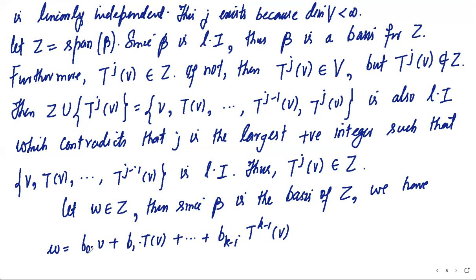So we can find scalars B0, B1, up to B(k-1) such that W is equal to B0 V plus B1 T of V, and so on, plus B(k-1) T^(k-1) of V.